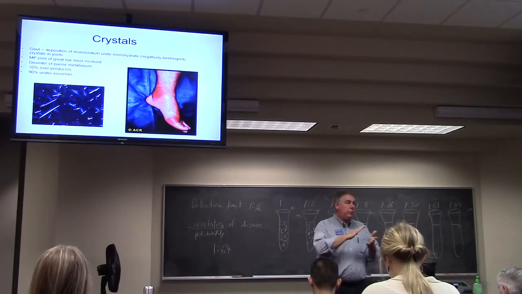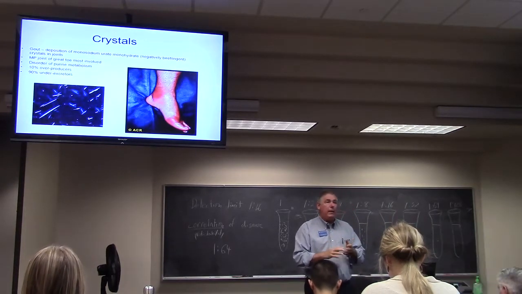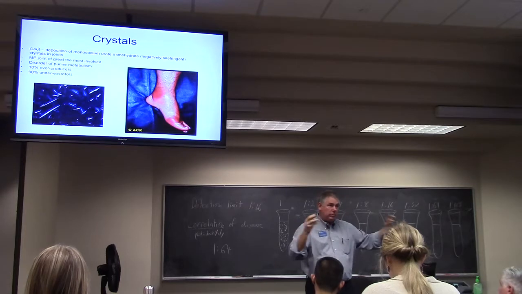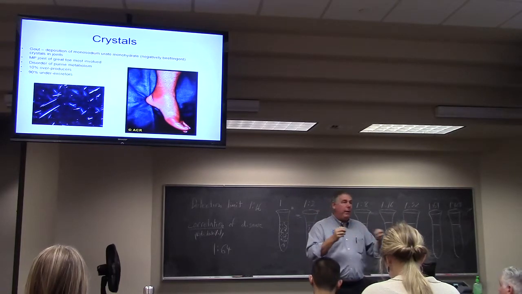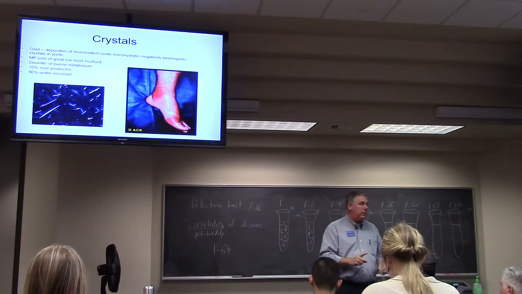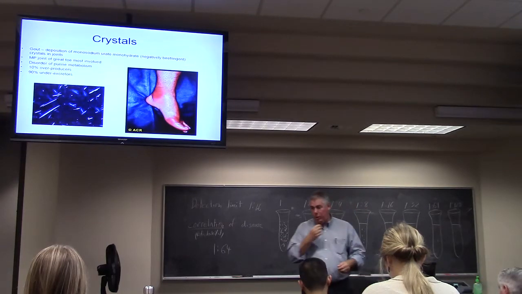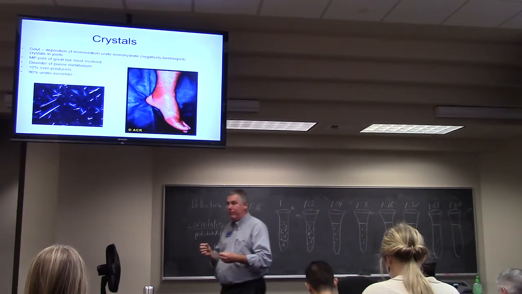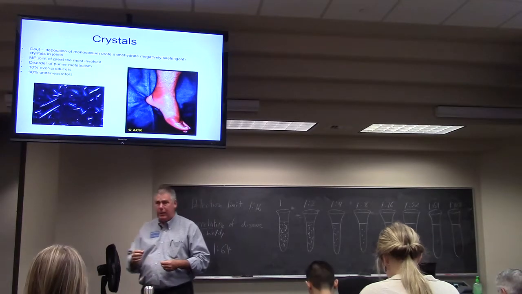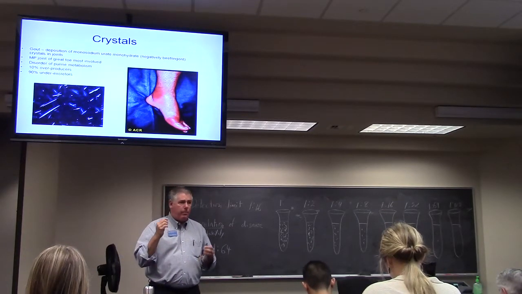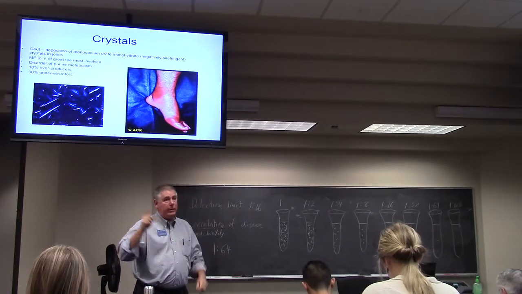These crystals, when you look at them under polarized light, are like little spicules or needles, and they're negatively birefringent. When you hear the words negatively birefringent, or you read them on a board exam, the answer is gout.